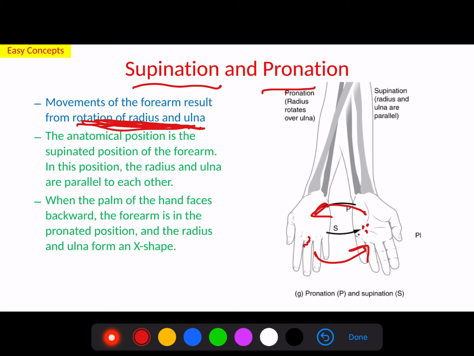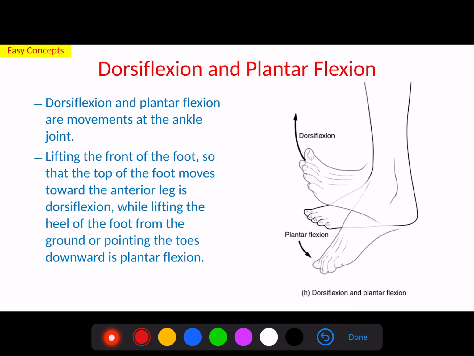If it was happening at the shoulder, that could be just normal rotation. Another special movement is for the foot. If you are bringing your foot toward up, that's dorsiflexion. If you are extending them toward the bottom, that's plantar flexion.